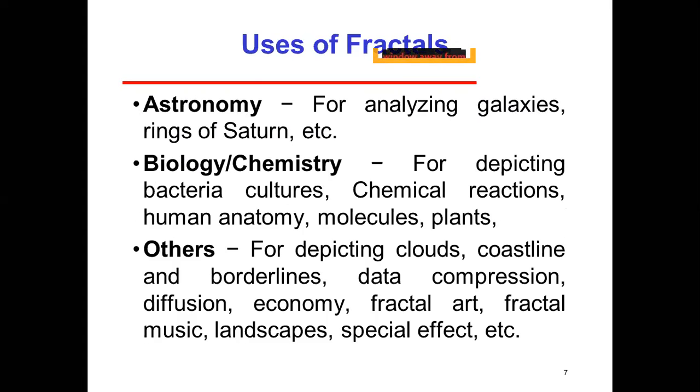If we are going to design galaxies, we use computer graphics to draw them, or the rings of Saturn, in the form of circles or elliptical forms. We use several points again and again, so they overlap one another. After overlapping, they give a new picture that is called a fractal. So galaxies or the rings of Saturn are examples of fractals.